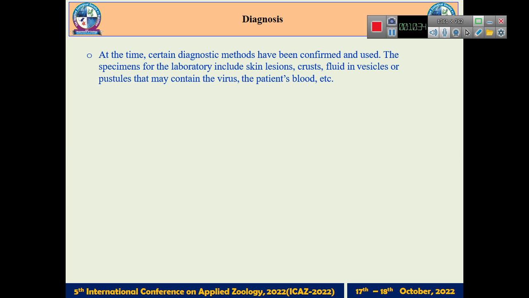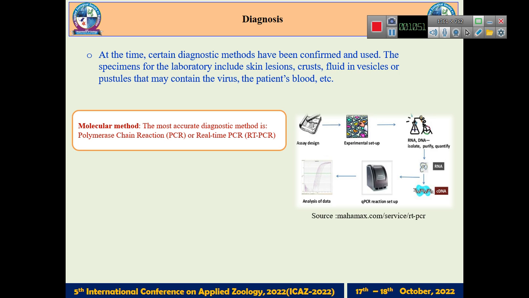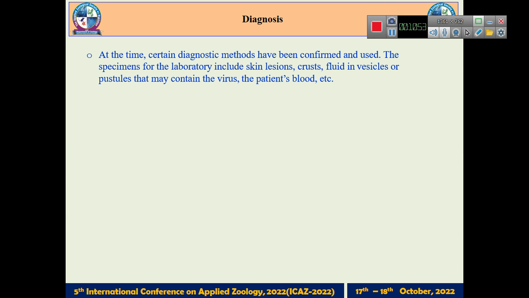At the time, certain diagnostic methods have been confirmed and used. The specimens for laboratory include a skin lesion, crust, and fluid in the vesicle or pustule that may contain the virus, the patient's blood, and so on.